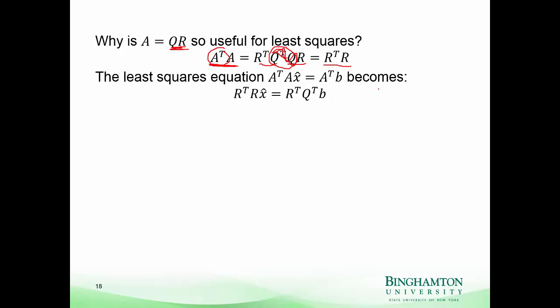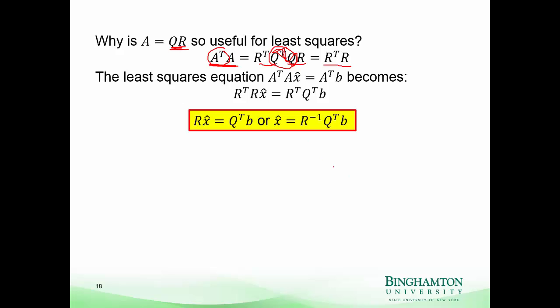And so then the least squares equations become something that looks like this. And then we can solve this equation because R ends up being square and invertible.